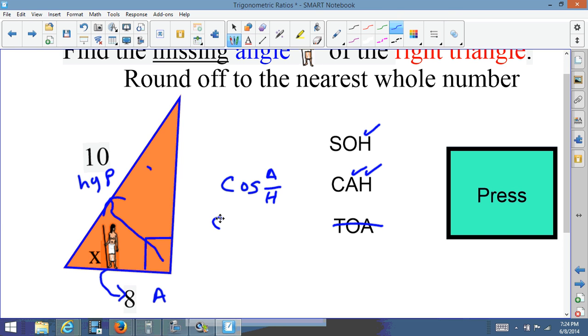So cosine of x, which is the degree measure, is going to be equal to 8 over 10. Now is where I need my calculator to find out how much the angle is going to be. So let's get our calculator out and get that angle.